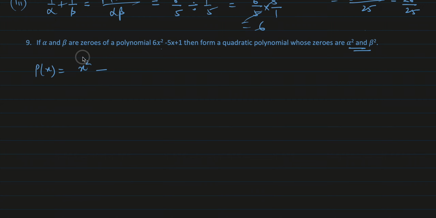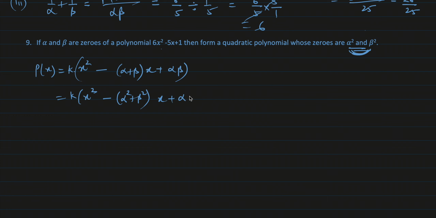Directly you can put it, we take a constant k along with it: k times x square minus alpha plus beta into x plus alpha beta. But in this case the zeros are alpha square and beta square. So in my case it will be x square minus alpha square plus beta square into x plus alpha square beta square. Okay. Our polynomial will be like this.